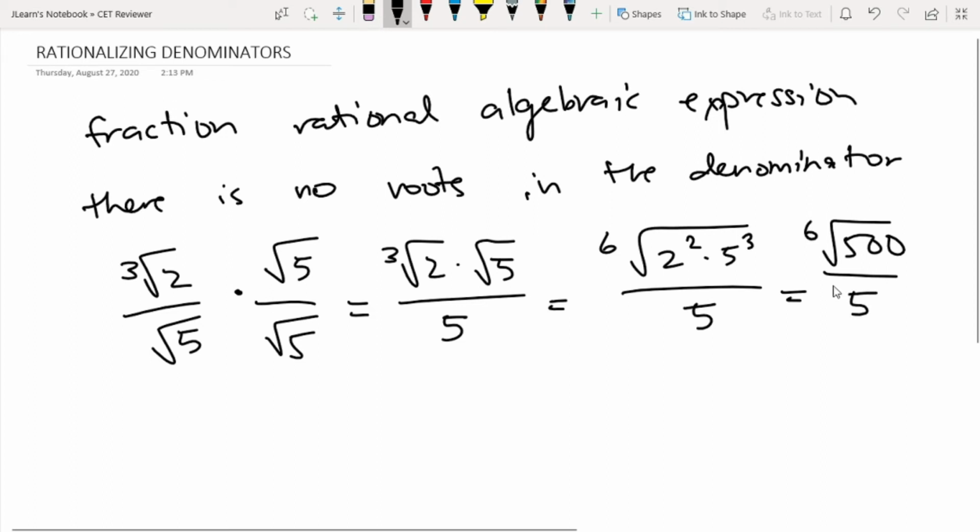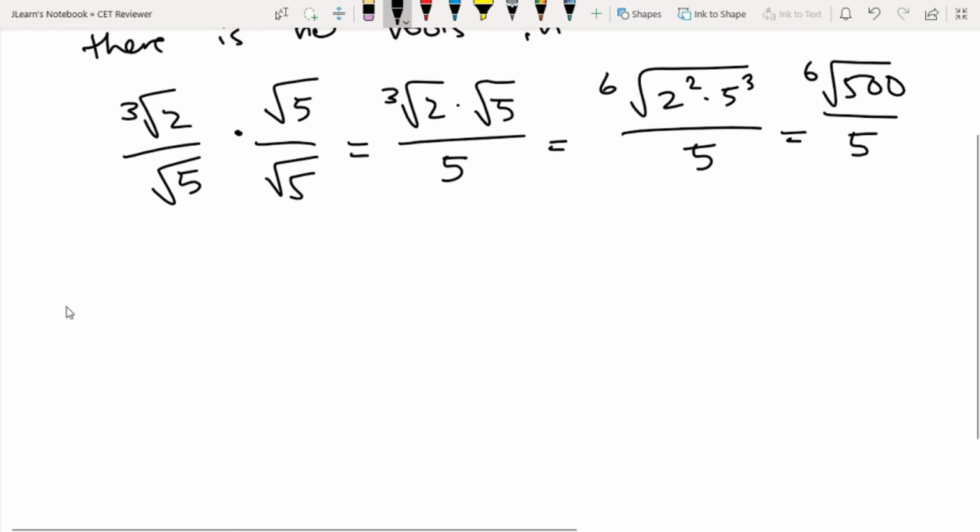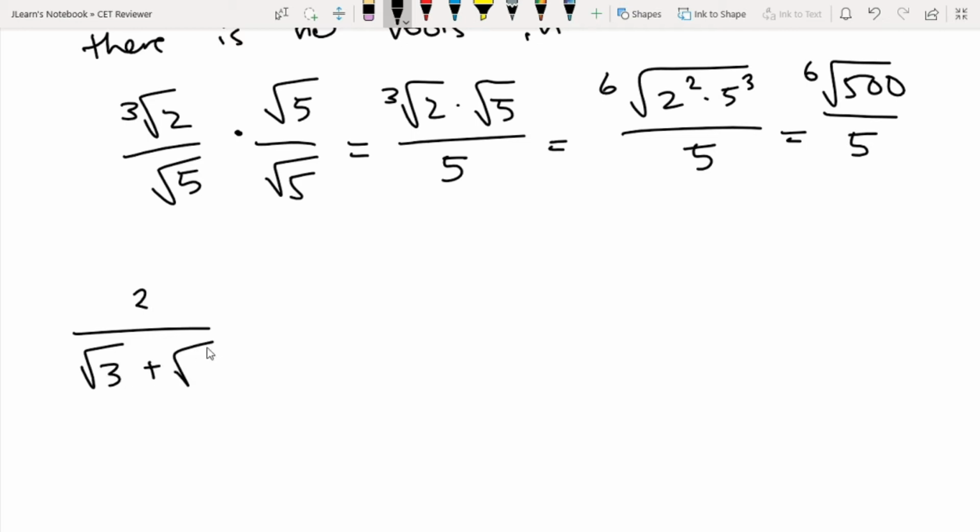Okay? So, hindi naman lagi ganito kasimple yung mga expressions natin, no? Minsan, we have a sum, no? So, for example, let's have 2 all over square root of 3 plus square root of 5. So, ngayon, kailangan natin tanggalin yung square root of 3 and square root of 5, no?